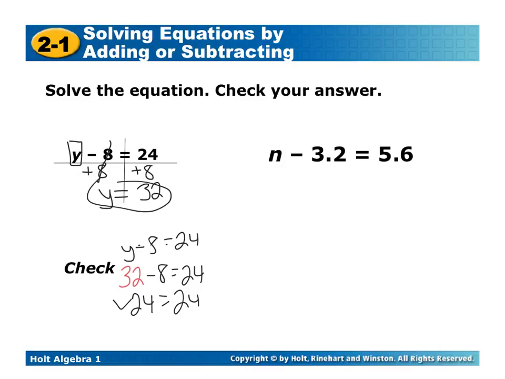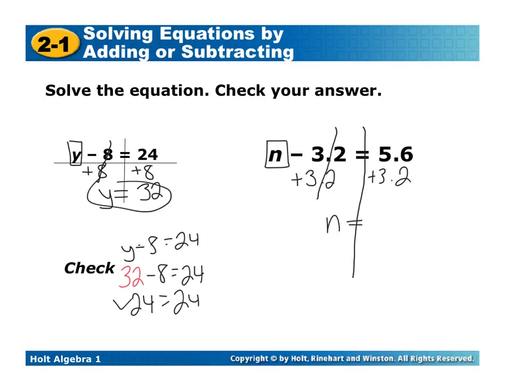So here we have n by itself. What's happening to n? We're subtracting 3.2. Sometimes it's helpful to draw a line down our equal sign, so we're looking at that balanced scale, both sides. Since I'm subtracting 3 2/10, I'm going to do the inverse, which would be to add. These make a zero pair, they're going to cancel out, leaving you with just n on the left side.